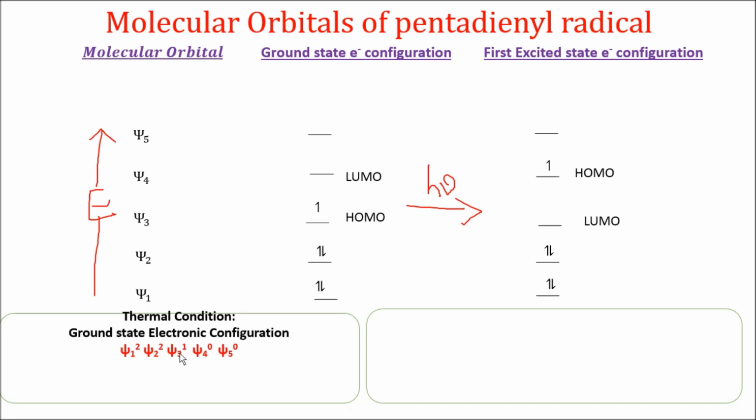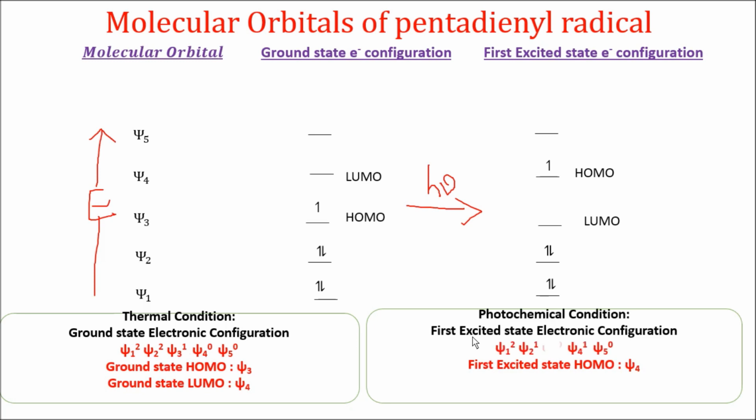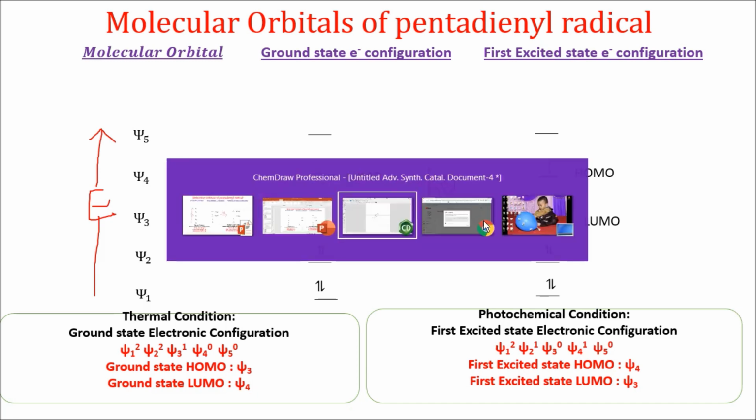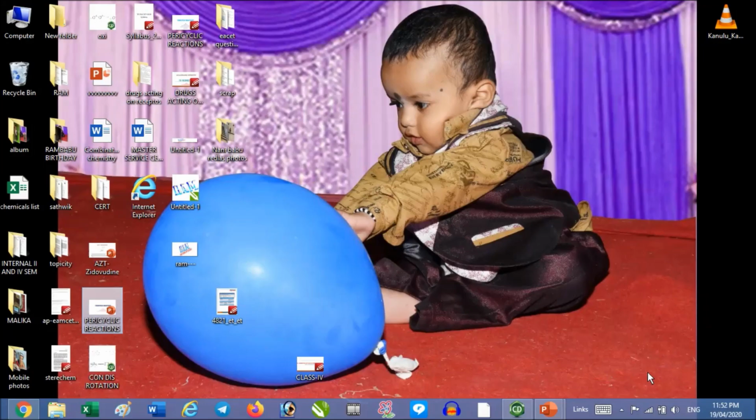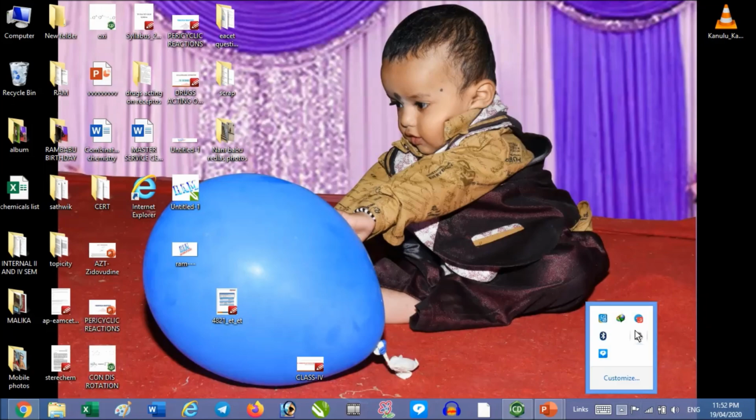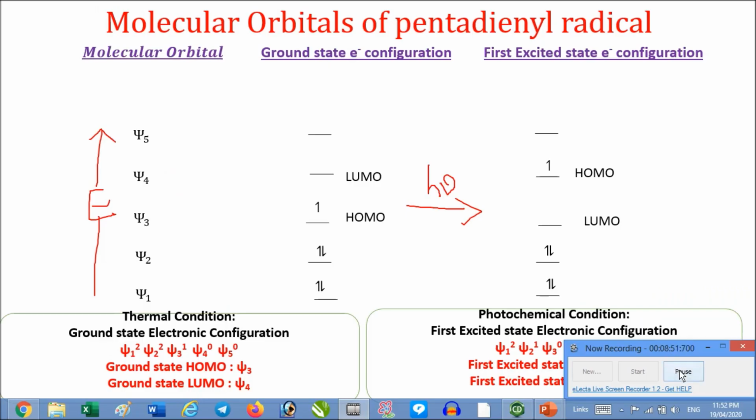Therefore HOMO is psi3, LUMO is psi4. In the photochemical condition, psi3 does not have an electron, psi4 has an electron, HOMO is psi4, and LUMO is psi3. Interestingly, for radicals they exchange HOMO and LUMO. Friends, this is about the molecular orbitals of pentadienyl cation, pentadienyl radical, allyl cation and allyl radical. Thank you.